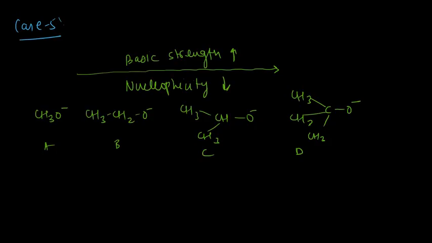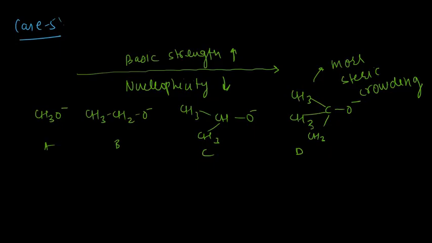Nucleophilicity is decreasing. Why? Because D has a lesser tendency to donate the lone pair, because it has more steric crowding. That's why it has less tendency to make the coordinate bond.